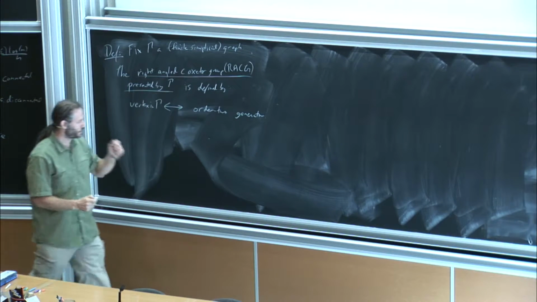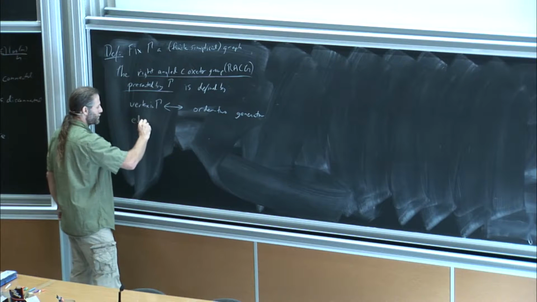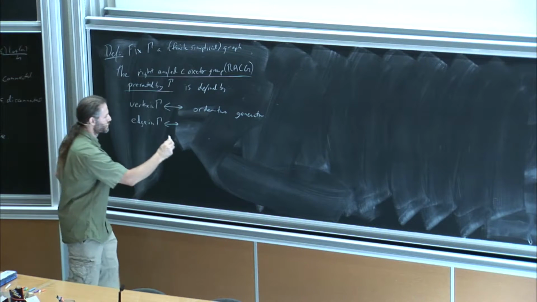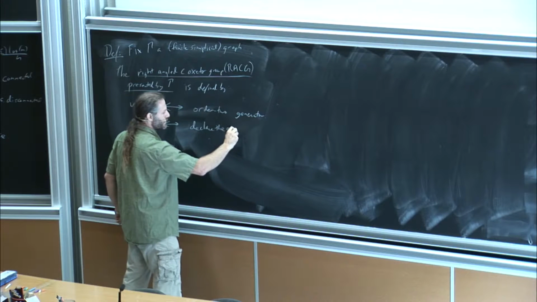Okay, so I put in an element of Z mod 2Z for each vertex, and then for each edge in gamma, we declare the associated generators to commute.